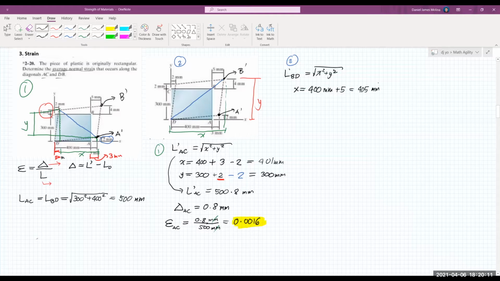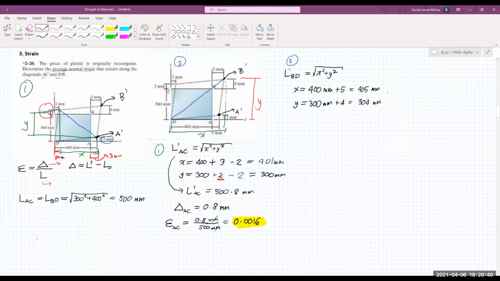Joint D did not move, based on the figure, so we only have a horizontal lengthening of 5 millimeters. Next, for the vertical distance y, we have 300 millimeters, and since point B is stretched vertically upward by 4 millimeters, we have plus 4.